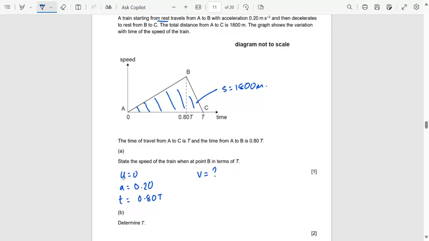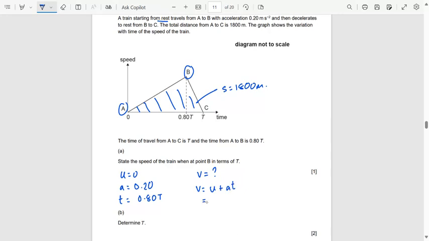So we write down what we know to this point, between here and here. We write down what we don't know, and then we find a relevant formula. If we look in A1 kinematics, we've got the kinematics equations, and we are trying to find v. We have u, a, t, so I am going to use this formula.